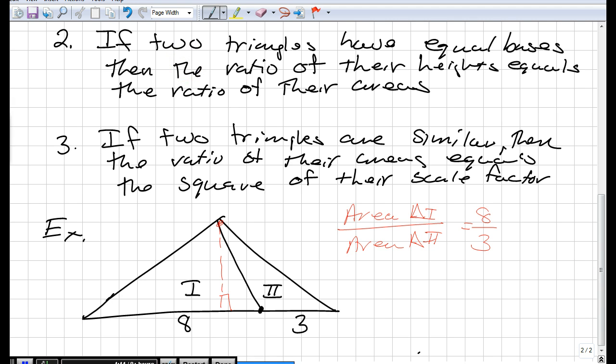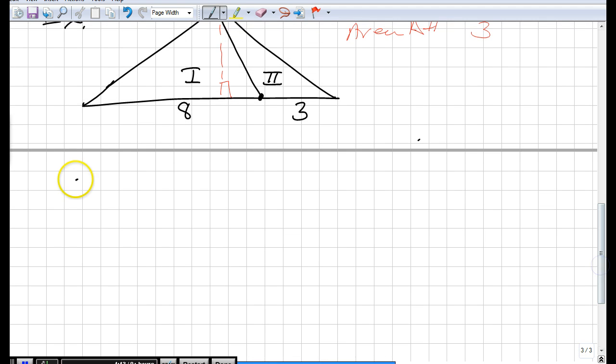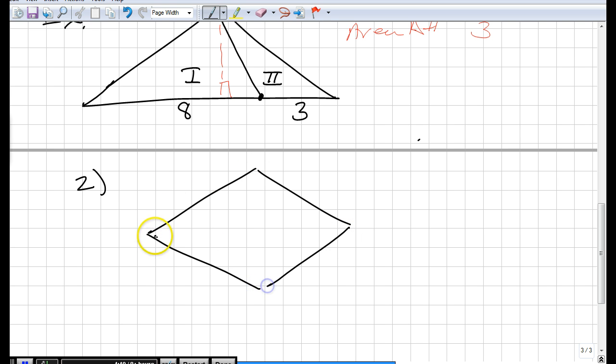Example 2. Let's say I have this picture where this is triangle 1, this is triangle 2. The height of this one is 9, and the height of this one is 5. Okay?